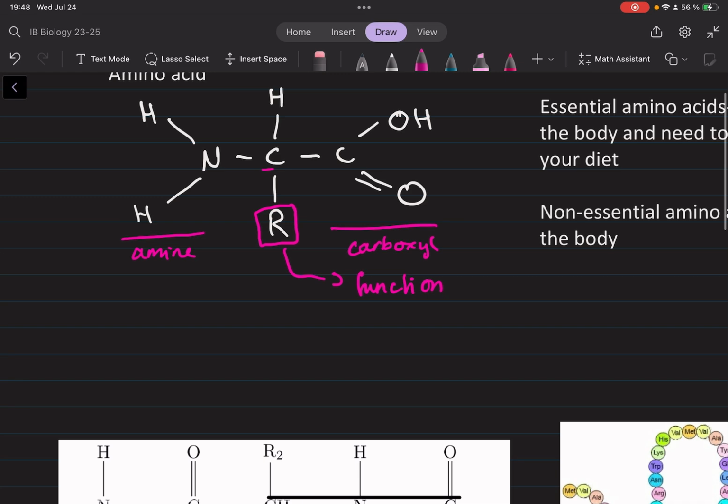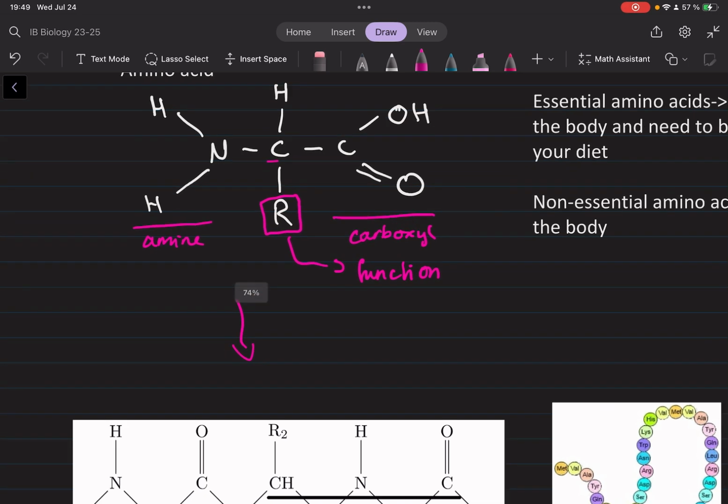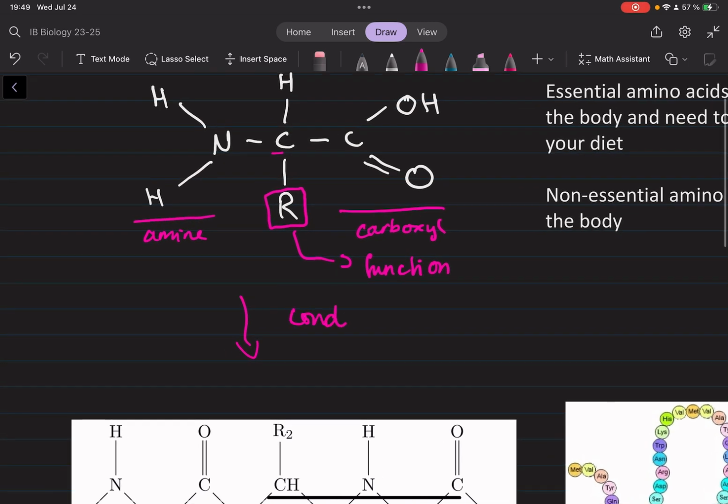Now, to create a polypeptide, two amino acids or more, like 3, 4, 5, however many there need to be for this protein to function, need to undergo the condensation reaction. Similarly to carbohydrates, how a monosaccharide can bond together with another monosaccharide to create a disaccharide or polysaccharide, the same thing happens here.